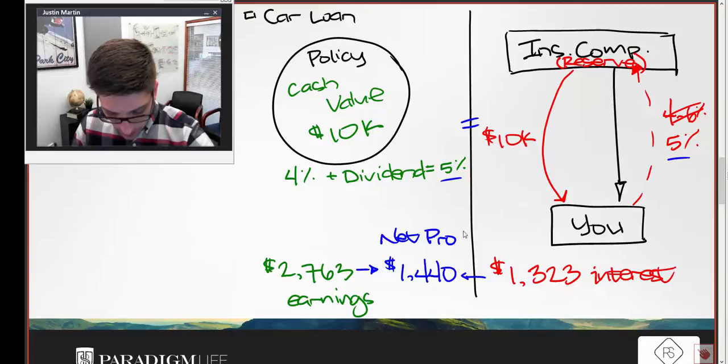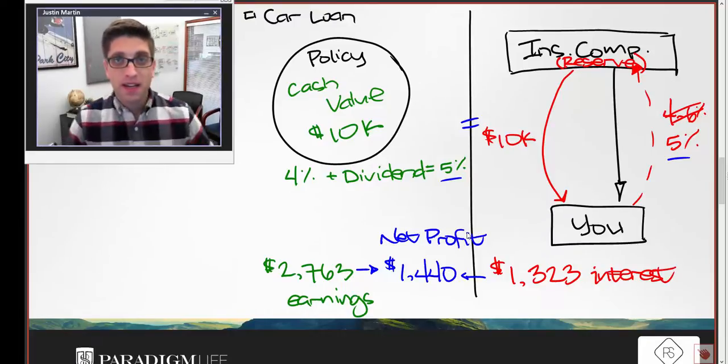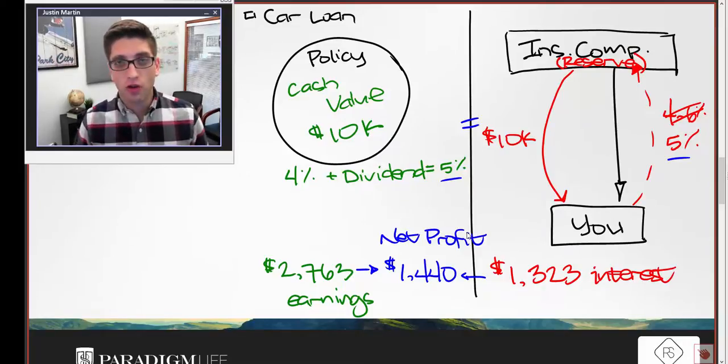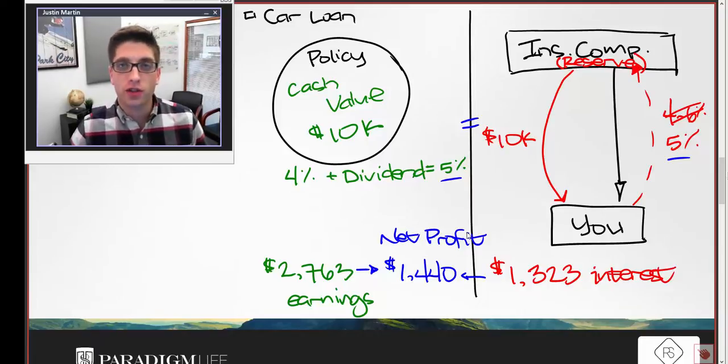And because we decided to purchase this vehicle using this policy loan, using this banking on our own self type of setup, instead of just paying for that car with hard cash, we're actually $1,400 ahead financially than where we would have been. Pretty amazing setup there.